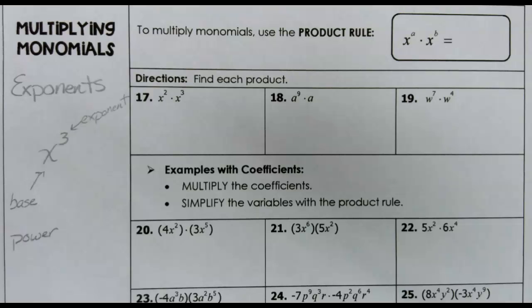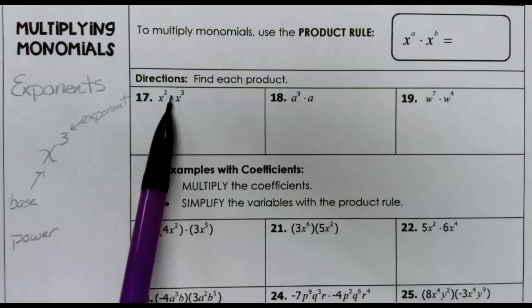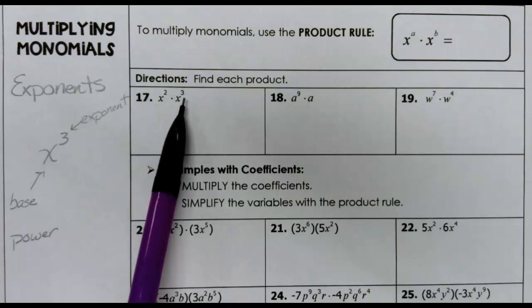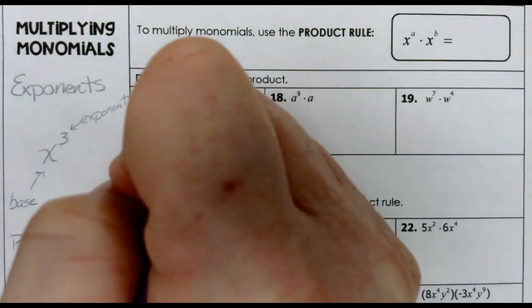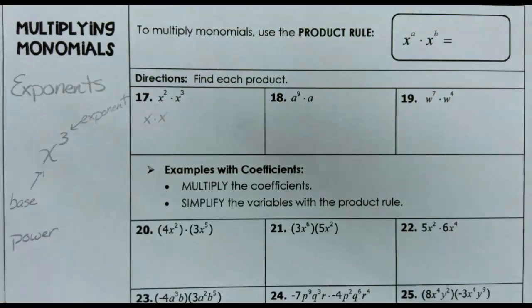So to multiply monomials, use the product rule. Well, we're going to do that, but first I want to look at number 17. Let's just think this through. I have x to the second times x to the third. If I was to write that out in expanded form, this would be x times x, right? That's what x to the second means.